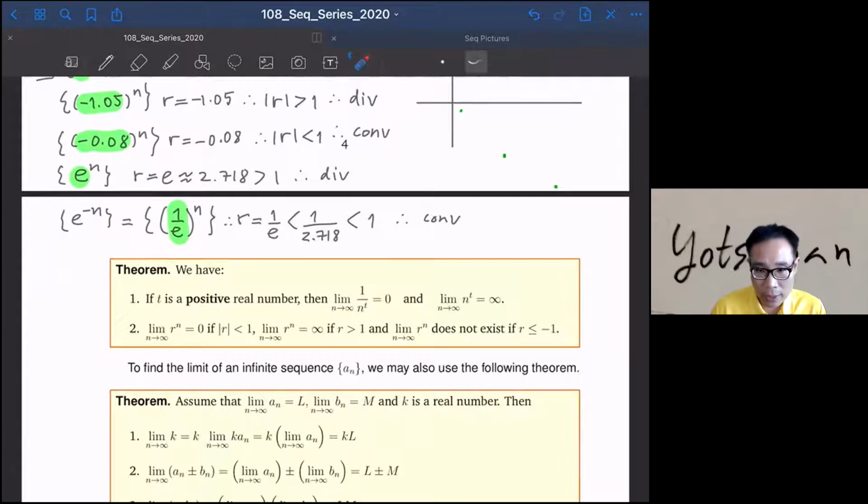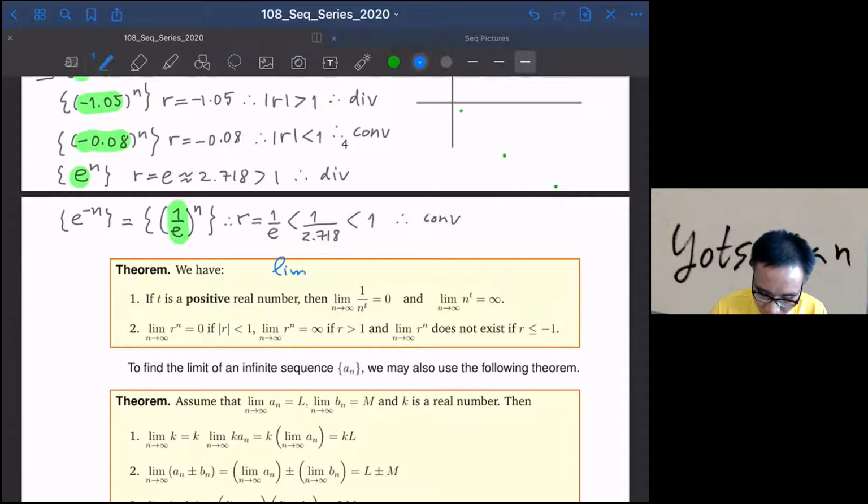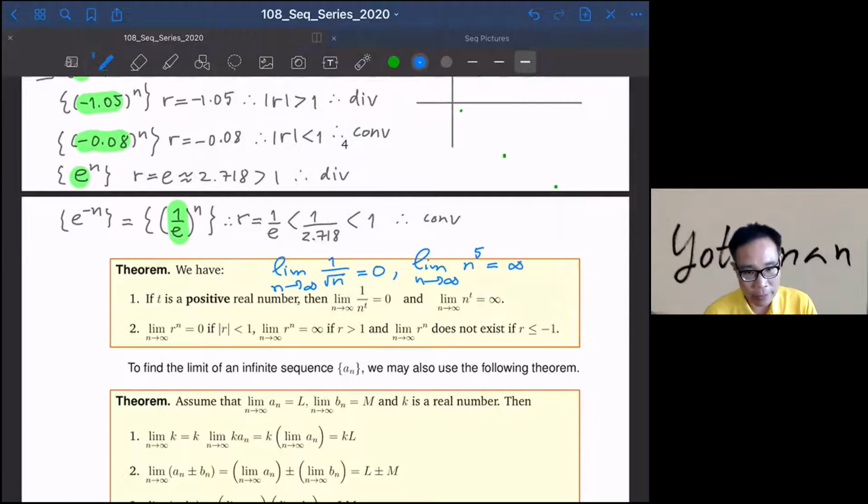And if you have the limit as n goes to infinity of n to the t, it's going to be infinity. For example, if you compute the limit as n goes to infinity of 1 over root n, this guy is going to be 0. If you have the limit as n goes to infinity of n to the fifth, it's going to become infinity.